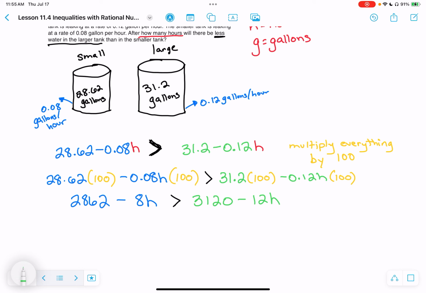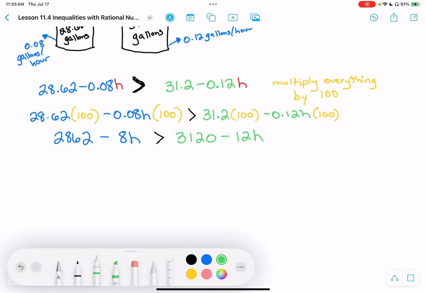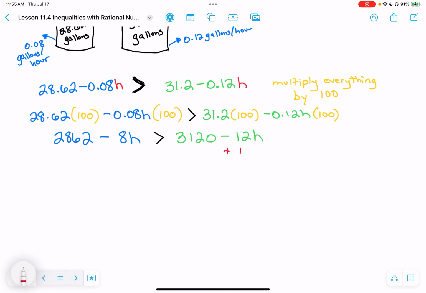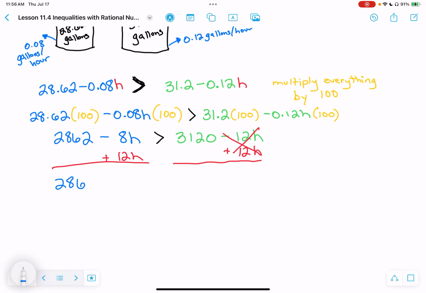Anytime we have variables on both sides of the inequality, like we do here, our goal should be, of course, to get them on the same side. So let's start off by adding 12h. Adding 12h is a good plan because it will not only get our variables on the same side, but it will make sure that we have a positive h, which is good.